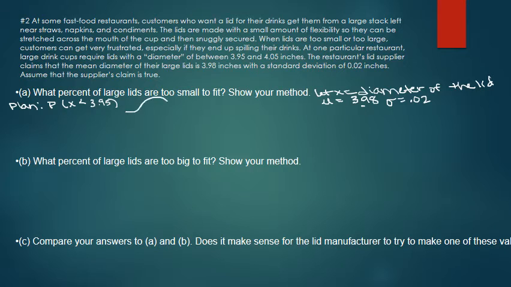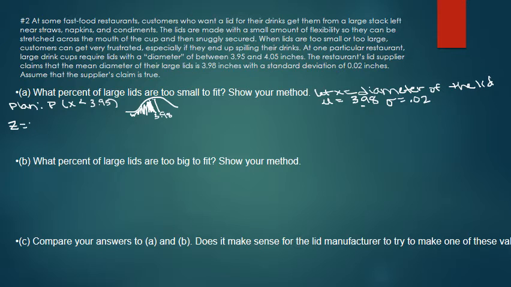Draw a picture of the curve. Mean goes in the middle. 3.95 is a little bit to the left of that mean, and we want smaller than that, so it looks like it should be a little bit less than a half. So let's look at the z-score.